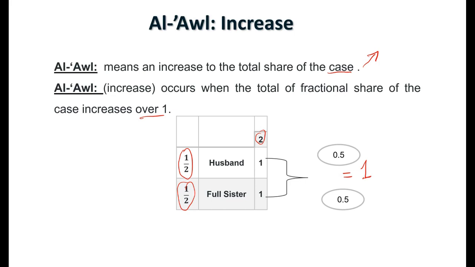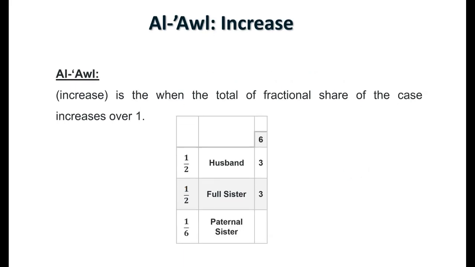However, if we add another person who is inheriting a prescribed share, for example, here we add paternal sister who is inheriting 1/6, because her condition is if she is with a full sister, the full sister gets half and she gets 1/6. In this occasion, the case is built upon 6 because the paternal sister is getting 1/6.